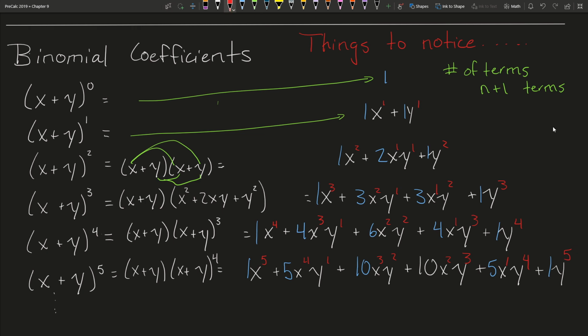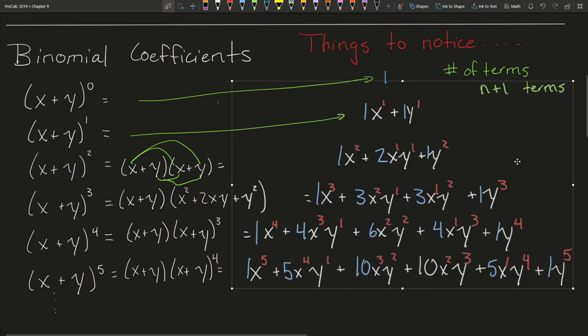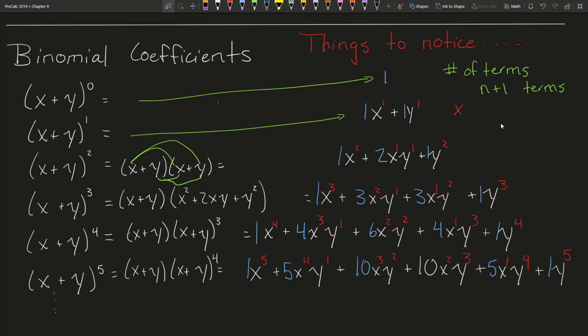Then I want you to focus on the exponents on the right, with all the actual expansions. The exponents on the right will always increase and decrease. For each of these x values, it starts really high and then counts down to 0.